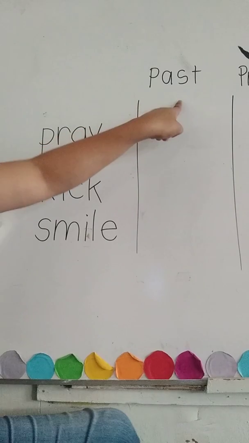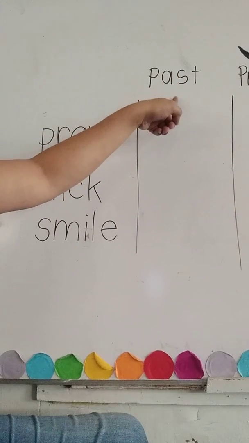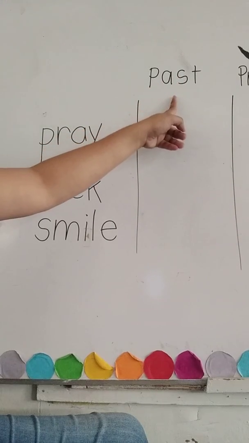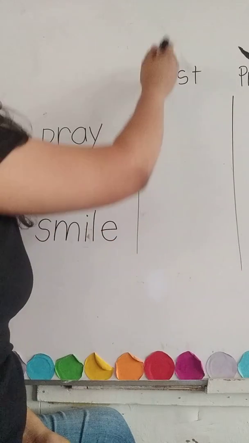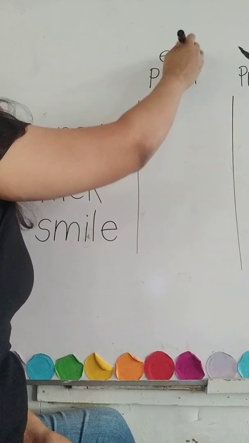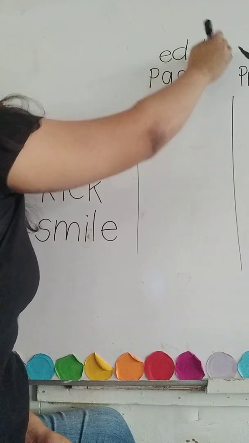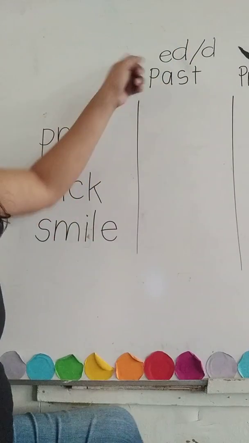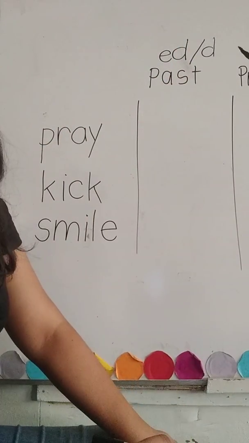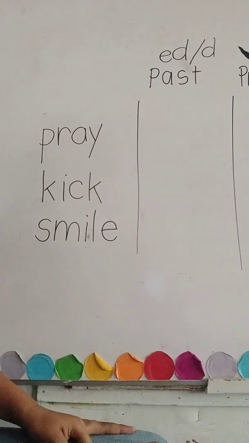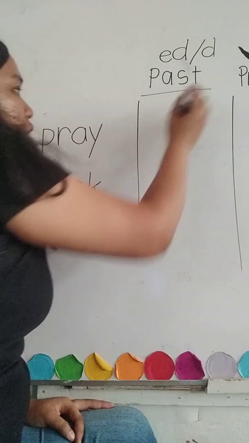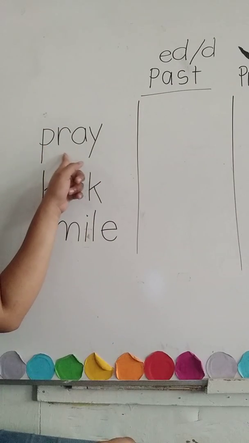Let's begin with past. Who can remember the clue for words that are past? Okay, it ends with ed or with d. If it already ends with an e, then you do not need to add another e. So ed or d. Okay? So past, let's start. The word is pray.